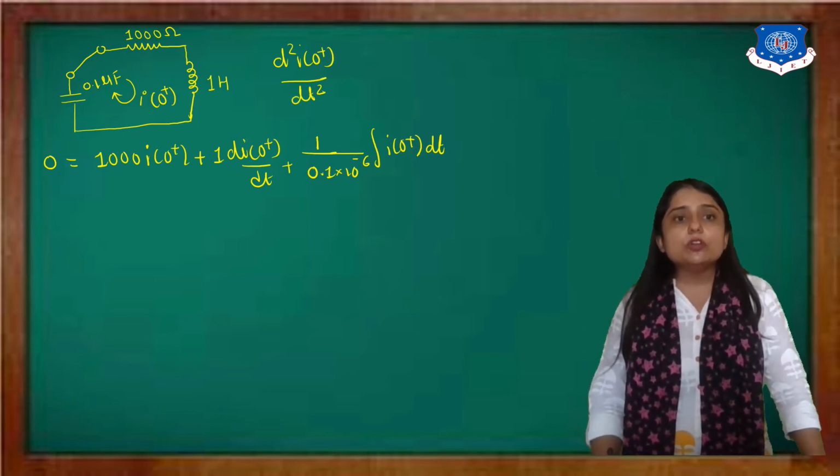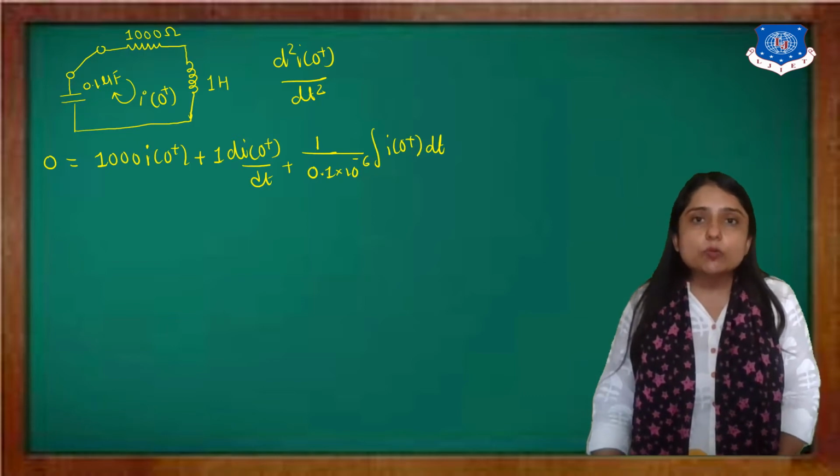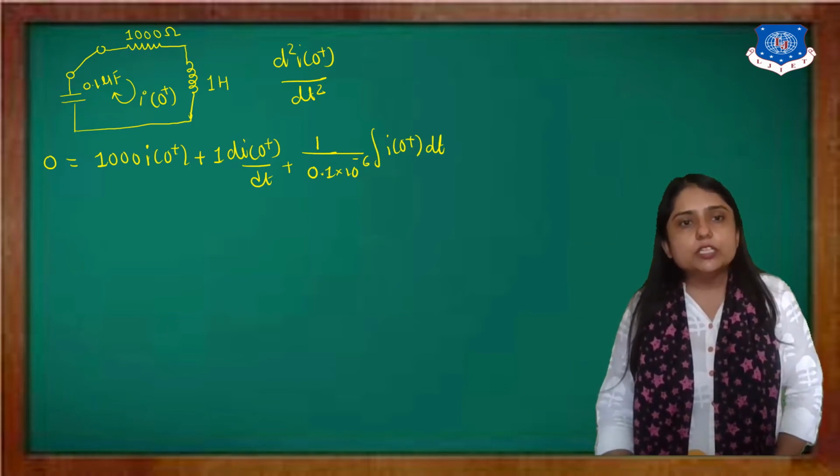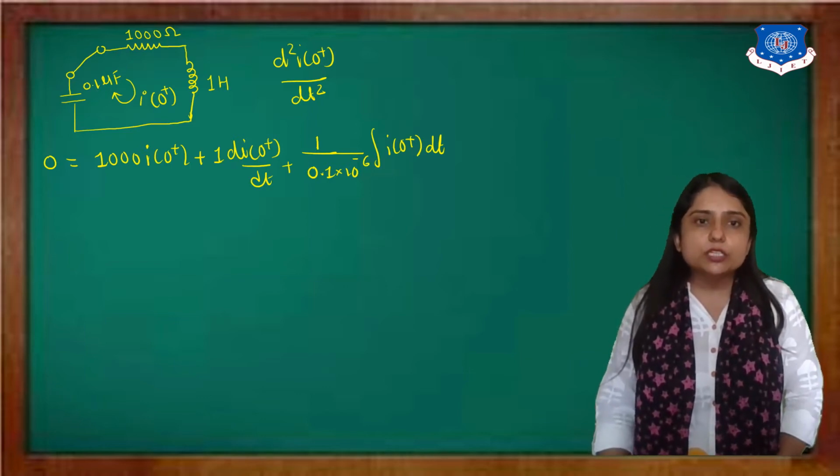But as such we do not have any d square I/dt square term, so we differentiate this equation with respect to t.